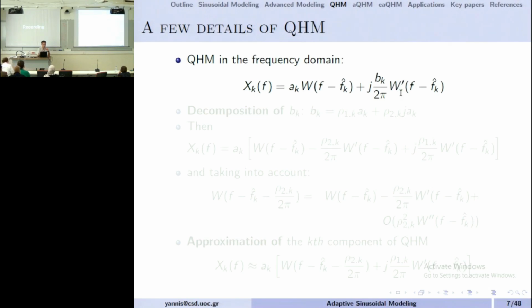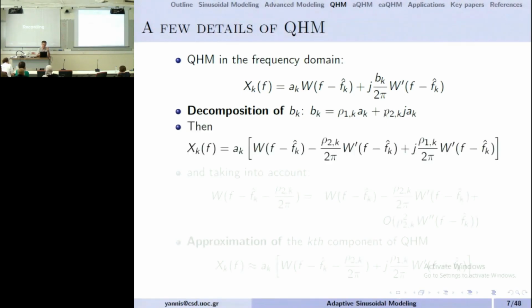These are the properties of the Fourier transform. So now we isolate just one component, the kth component, and we write it in the frequency domain this way. Then bk is decomposed into two components: one which is parallel to ak, that's rho 1, and another one which is perpendicular to ak, that is rho 2. Now, if I use this decomposition and write it back, then the above expression becomes like this.